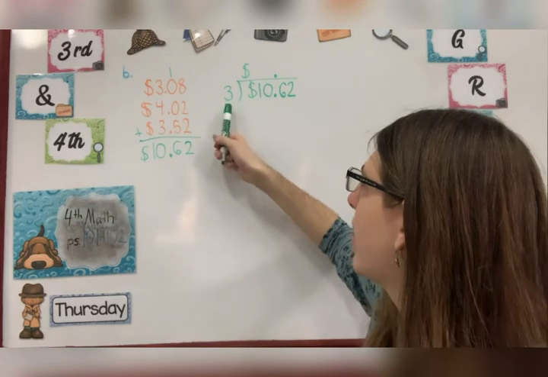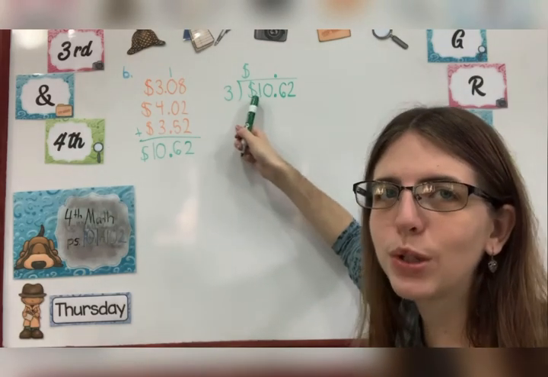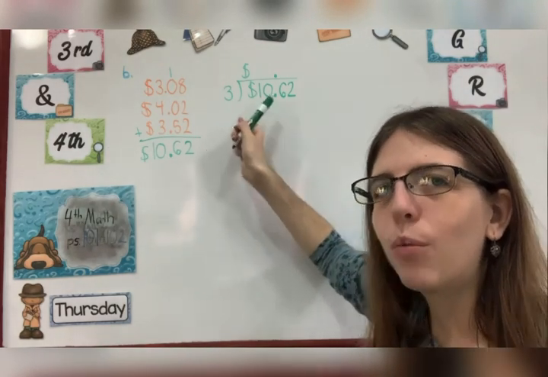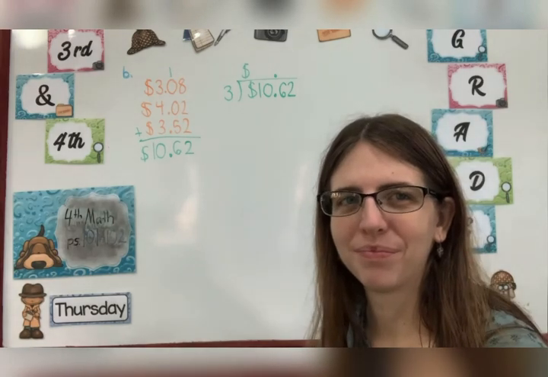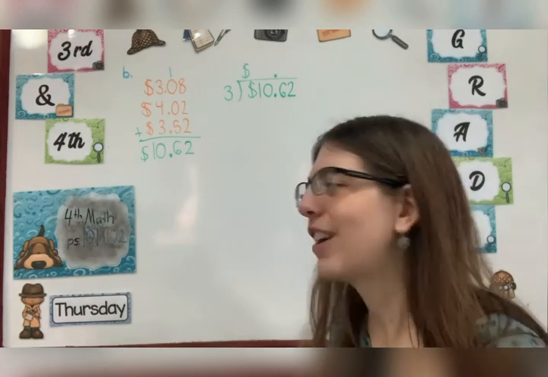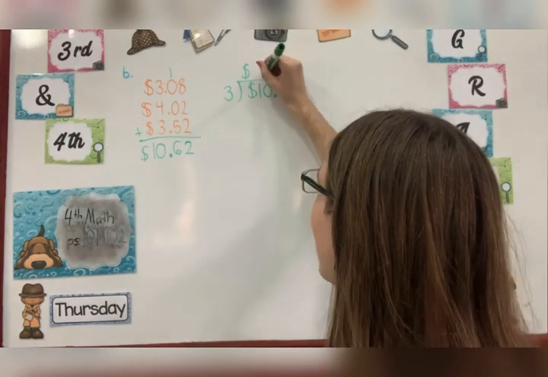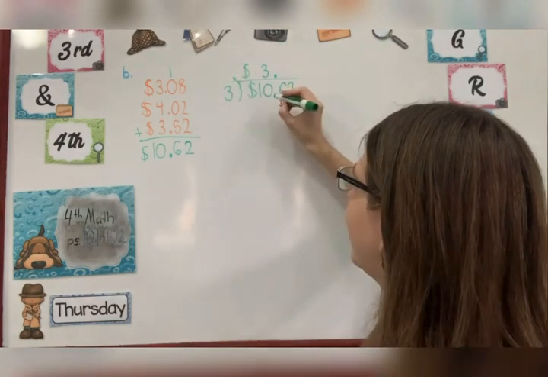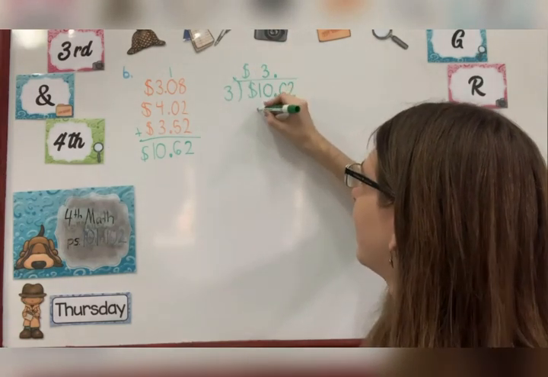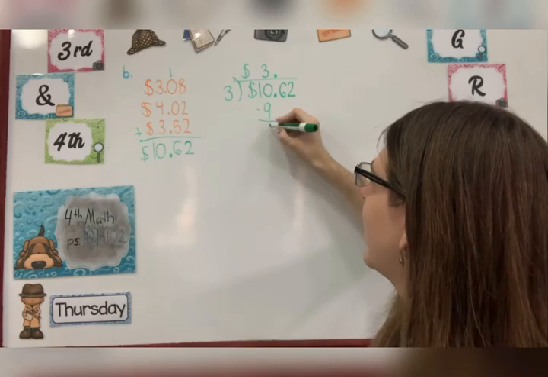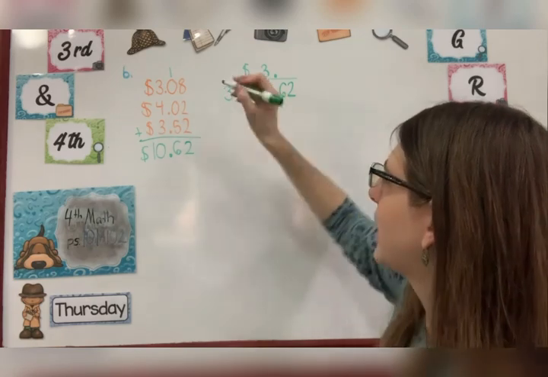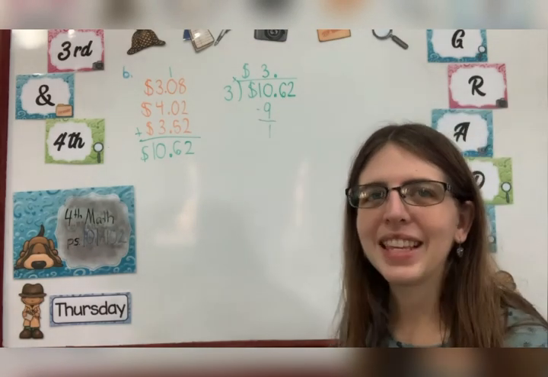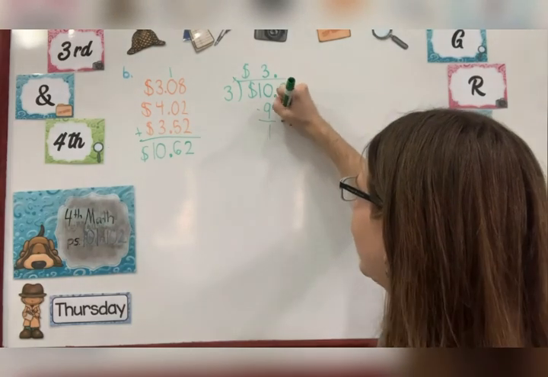Can I divide 1 by 3? Nope, too small. I've got to move back to 10. What is 10 divided by 3? 3, very good. And 3 times 3 is? 9. 10 minus 9 is? 1. Is 1 less than 3? Yes, it is. So I can go ahead and bring down my 6.